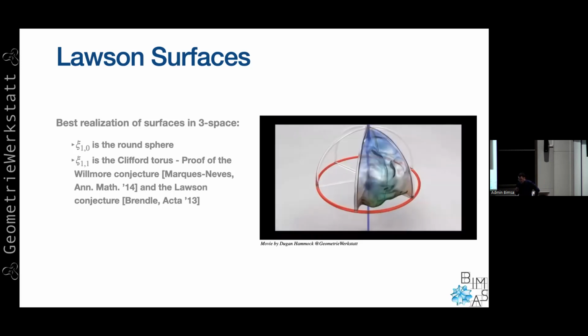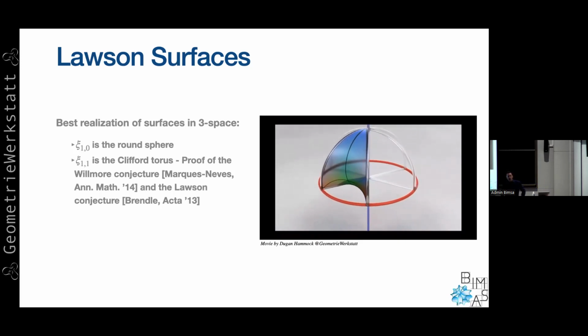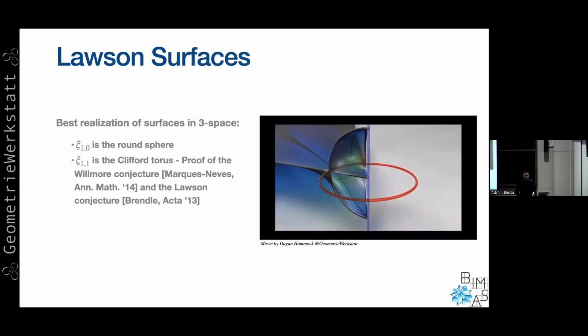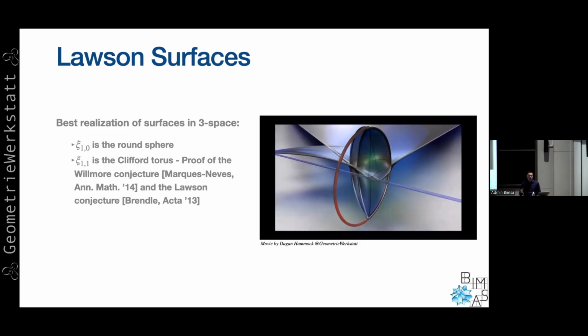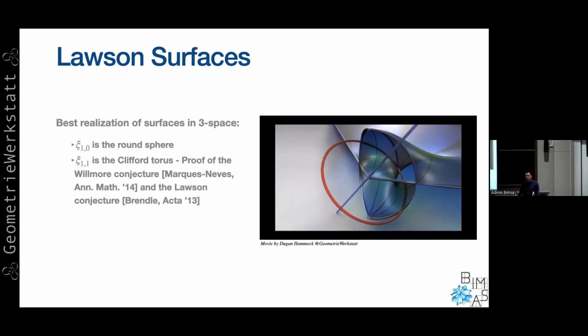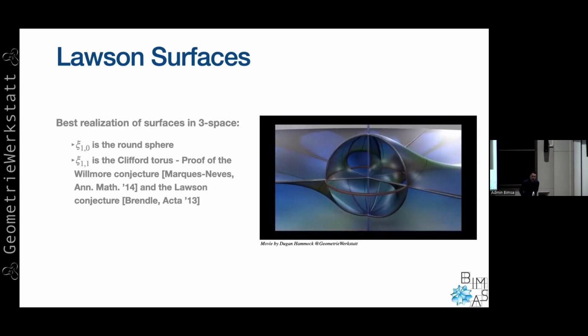And as opposed to the case of the area functional, you find in each topological class an absolute minimizer. You cannot shrink to 0. You always find an absolute minimizer. And the famous Willmore conjecture stated that the Clifford torus minimizes the Willmore energy for tori. This was proven about 10 years ago by Marques and Neves.